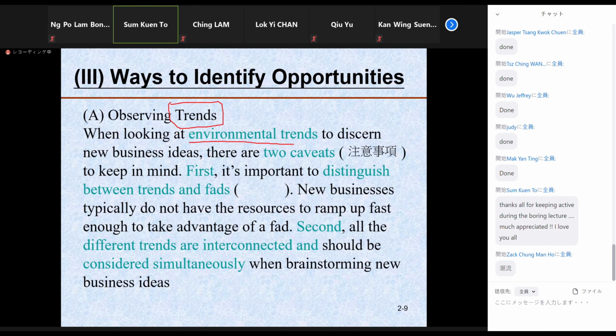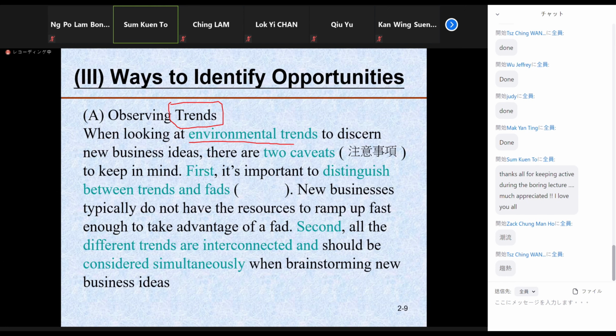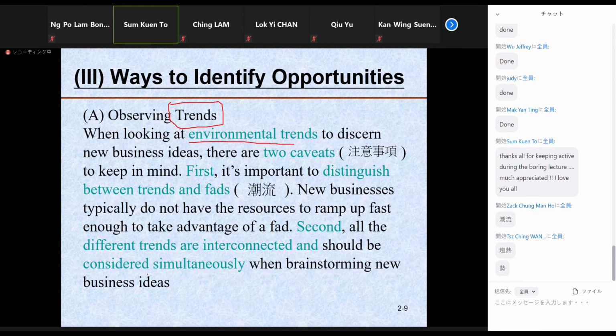Yes. Sorry. 係啦，趨勢. And then people say 潮流. Yes, but here. 好啦，多謝你 actively participate. 係啦，潮流趨勢, OK, and then yes, what is the difference? 有冇分別啊?